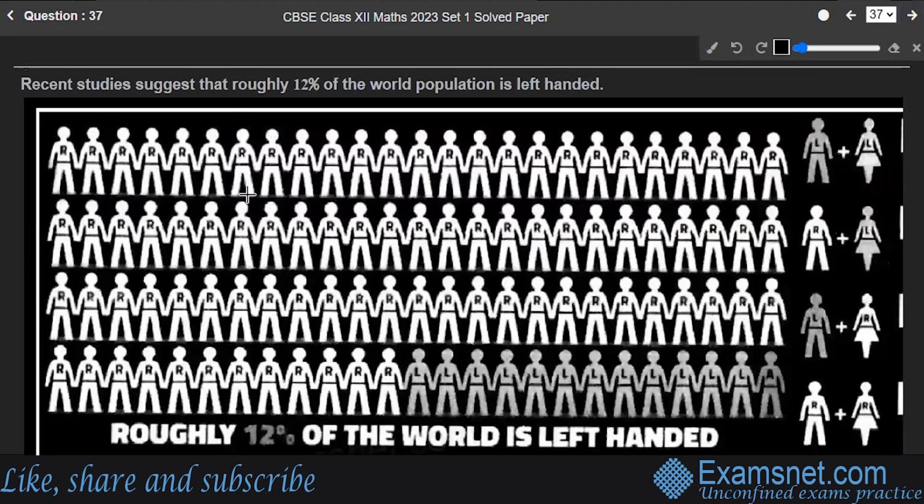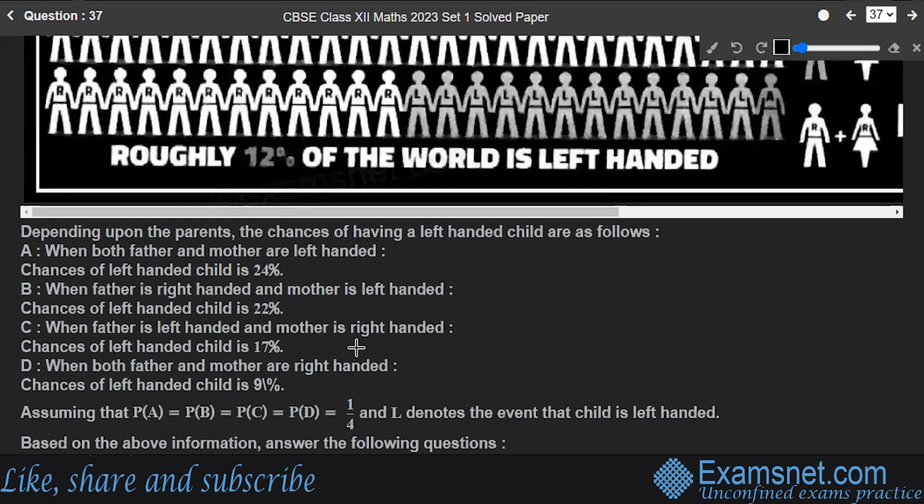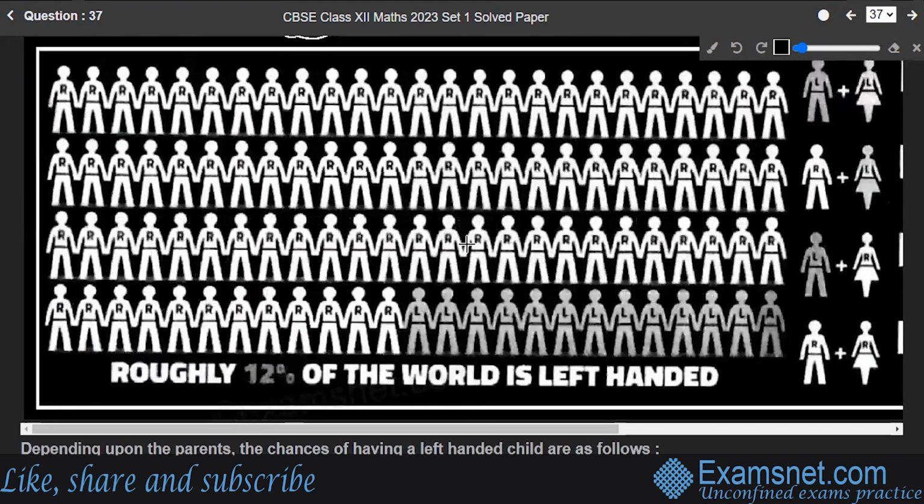Next, question number 37. Recent studies suggest that roughly 12% of the world population is left-handed. So depending upon the parents, chances of having a left-handed child are, let's understand this chart first.